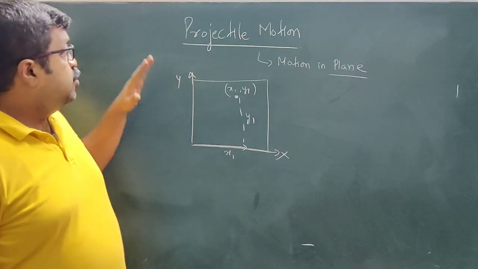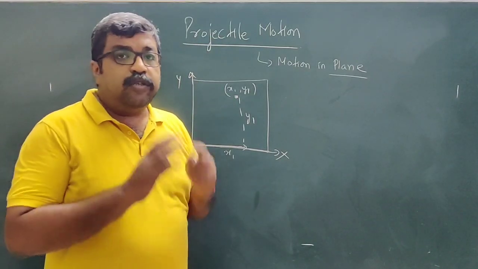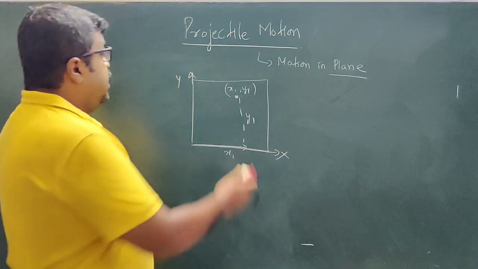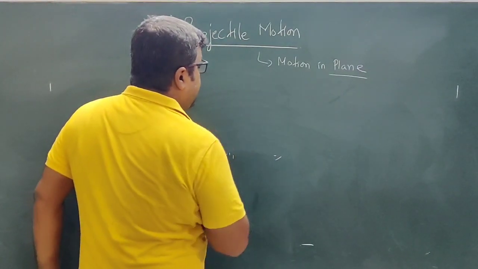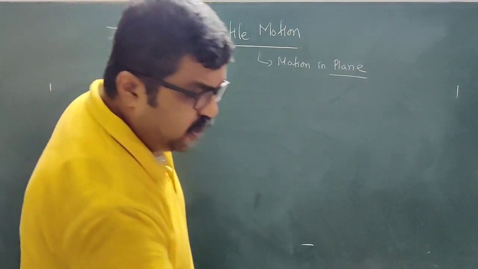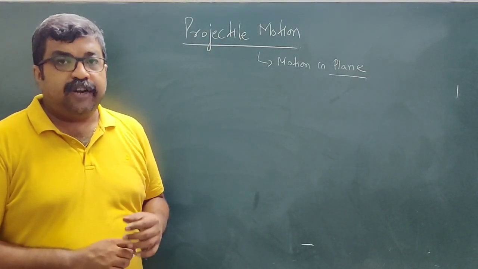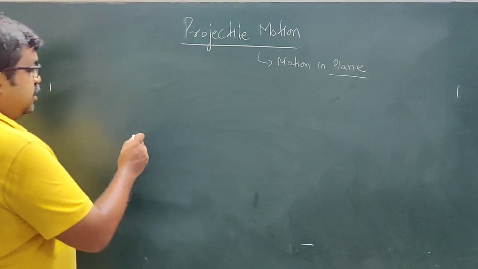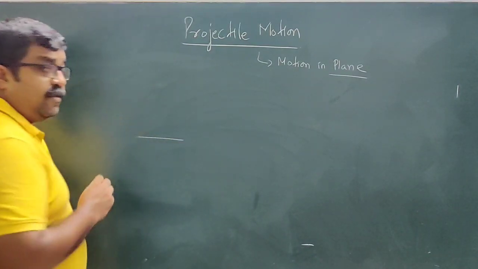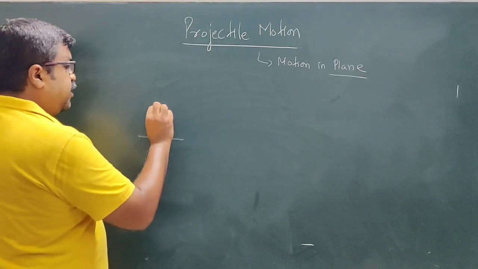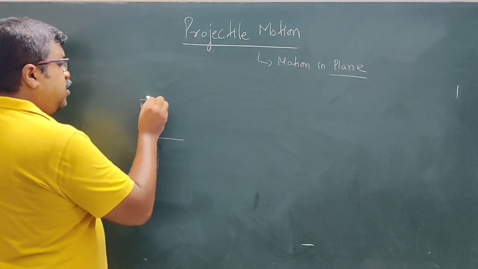So how is it related to projectile motion? One type of projectile motion we have studied in the chapter motion in straight line. Suppose this is the ground level. An object is projected in the upward direction with some velocity u.